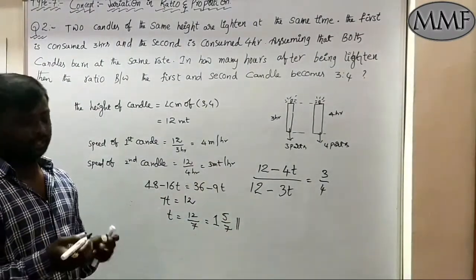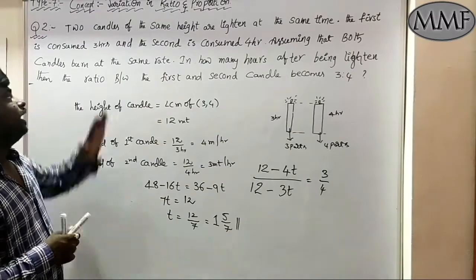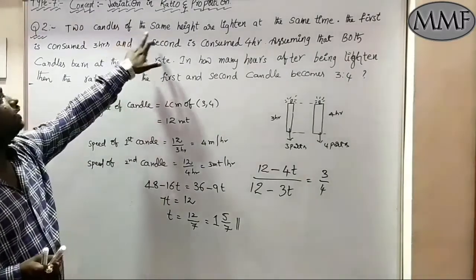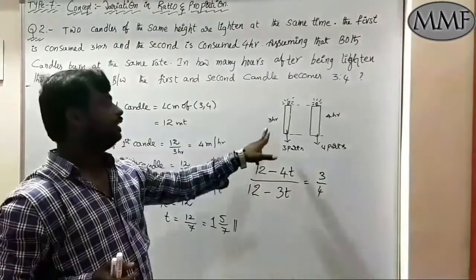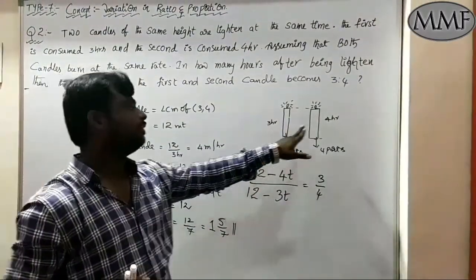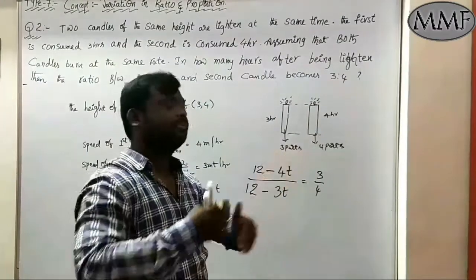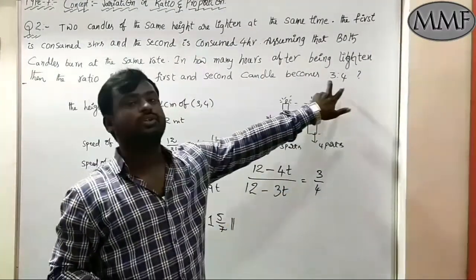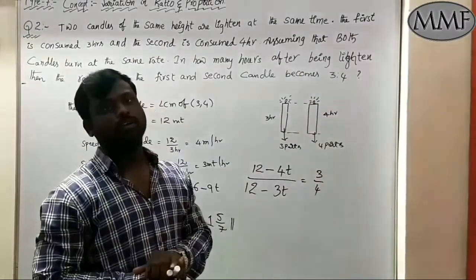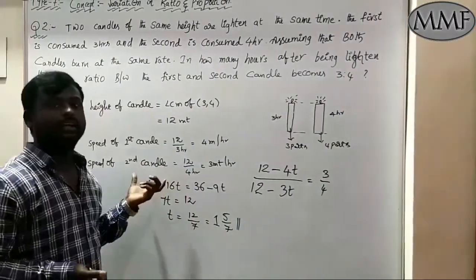Once again I will explain. Listen carefully. Two candles of same height. That's why I am taking same heights. One burns in 3 hours, another burns in 4 hours. After what time is the ratio of their heights 3:4? First I need to find their height.